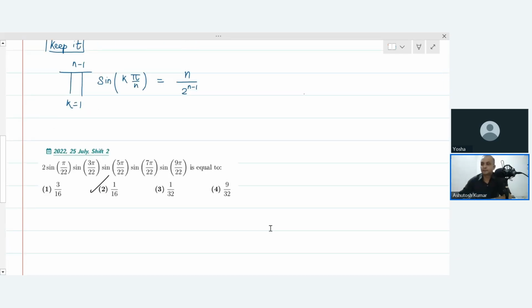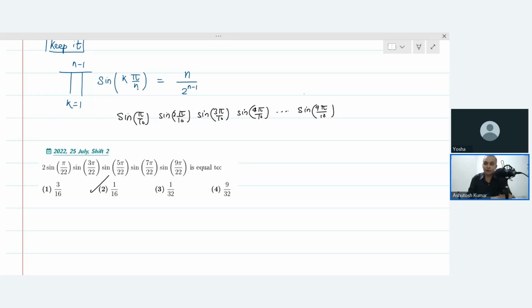Suppose I take n equal to, let's say, 10. So how do we understand this? It will open up. I will write sine pi by 10, then sine 2 pi by 10. I'm taking an example. Then sine 3 pi by 10, then sine 4 pi by 10, and all the way up to sine 9 pi by 10. You notice one thing: k starts from 1 but goes up only to n minus 1.